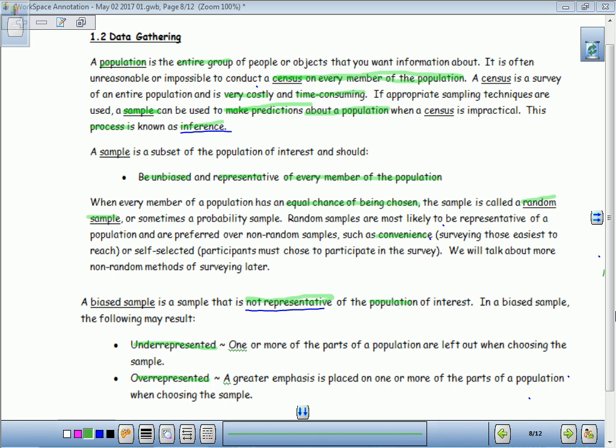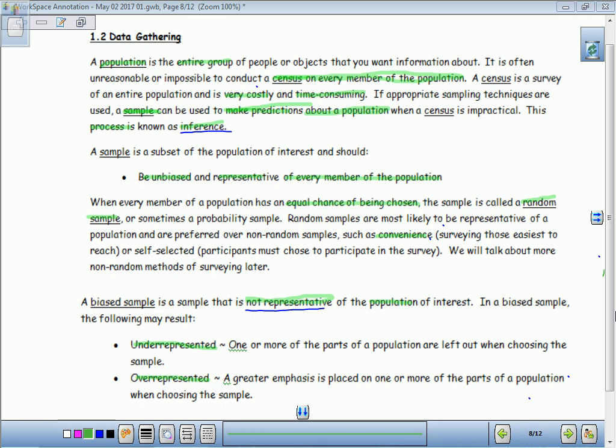Now, so we have developed statistics where we use samples and we take that sample to make predictions on the population. And when we predict about a population given a sample, we call that an inference. All right, so that's our first paragraph of vocab.